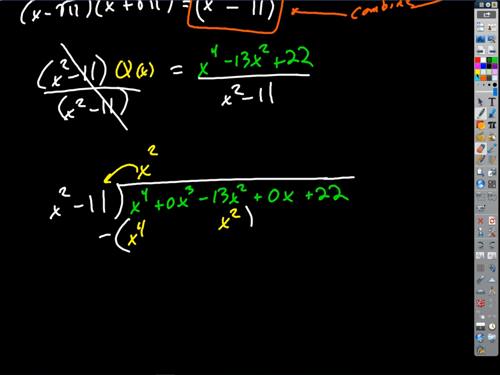And so if I subtract everything then, those cancel, which they should, nothing there. Negative 13x squared minus negative 11x squared is negative 2x squared, right? Because I'm subtracting a negative, you've got to be careful with that, right? And then I bring the rest of this stuff down.